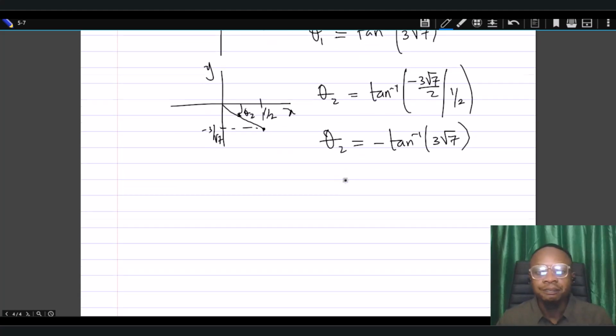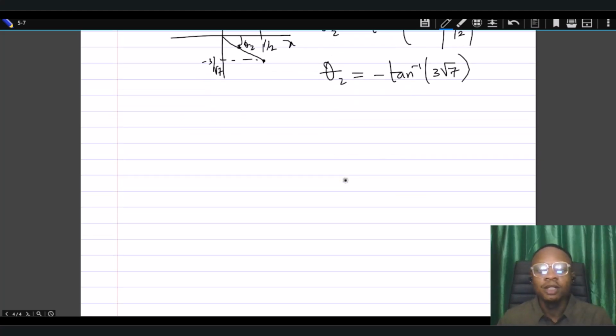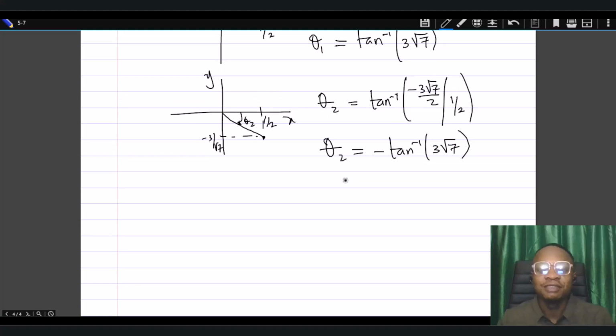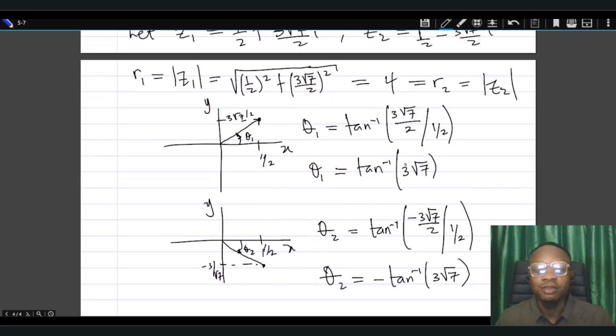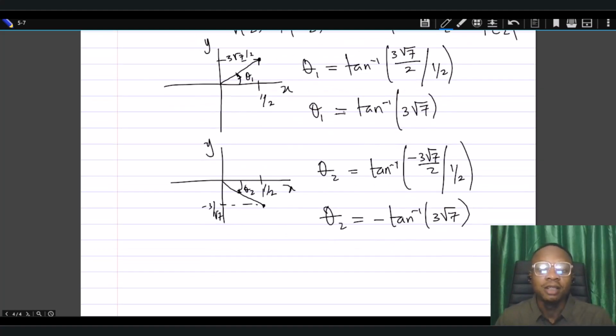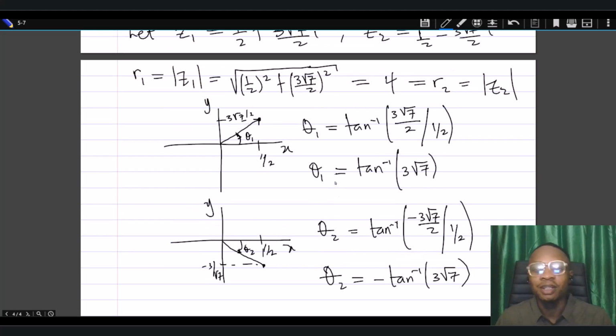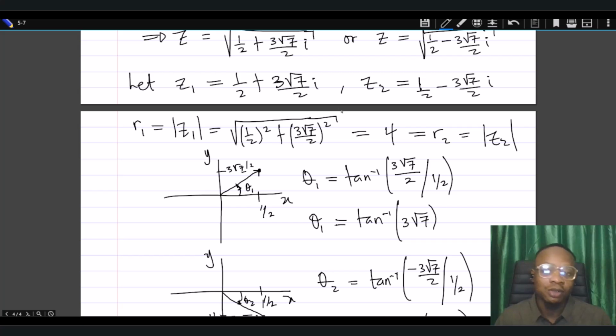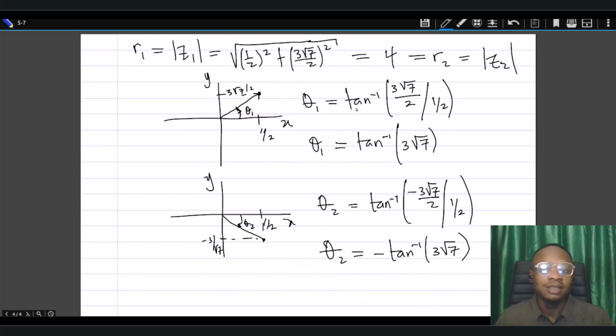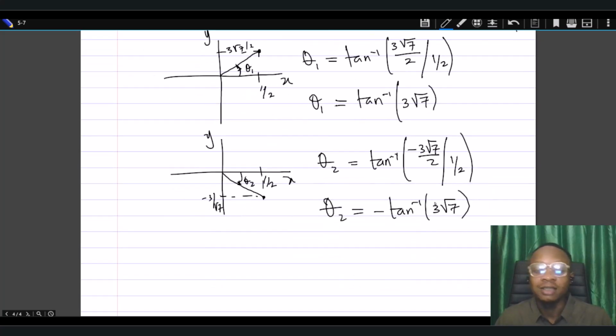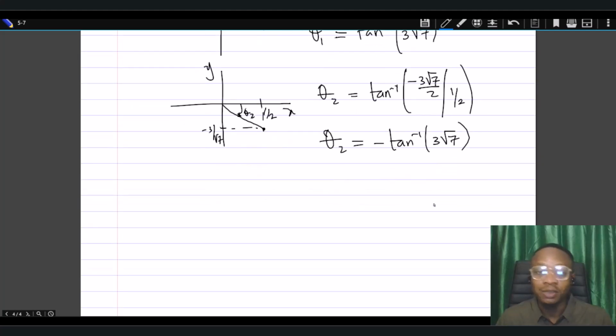And with that, we are good to go. So we can see that the only difference between the two is the values of theta. This one is positive, whereas this is negative. So we can also pick these two as one complex number and say that the argument will be plus or minus tan inverse of 3 root 7. That works fine as well.